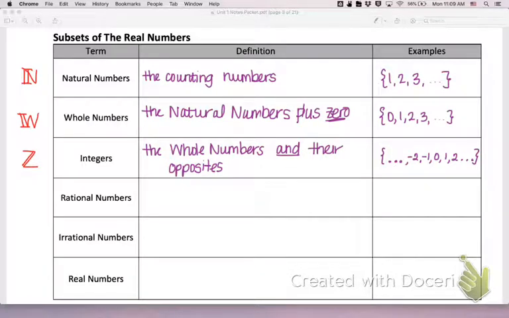All right, we've got the positives, we've got 0, we've got negatives. Now we're starting to look between those numbers. So your rational numbers are going to contain fractions, decimals, and perfect roots.